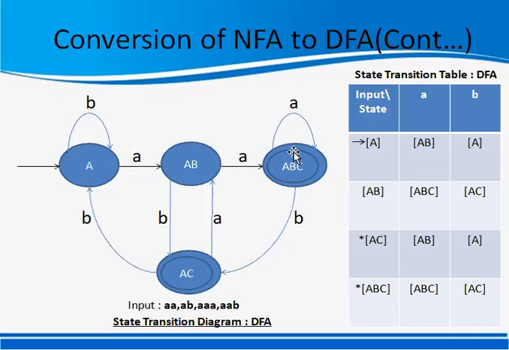This will also be accepted because, considering it as the last symbol, this a is the second last symbol. Now from state ABC, if we have input small b, considering it as the last symbol, this a is the second last symbol. So in that case also we are going to accept this string.